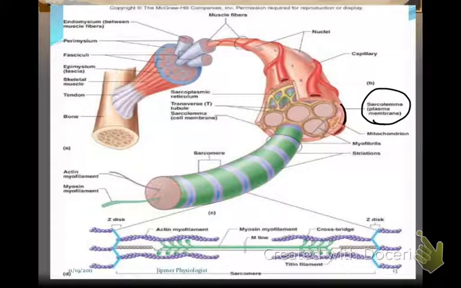So now we're here at a cross-section of an individual cell. And out of that, we get these contractile units. These contractile units are what causes skeletal muscle to have its banded pattern, its striations, because of the way the actin and the myosin are arranged with each other. Remember, actin is the thin filament, myosin is the thick filament. Okay? Actin is thin, myosin is thick.